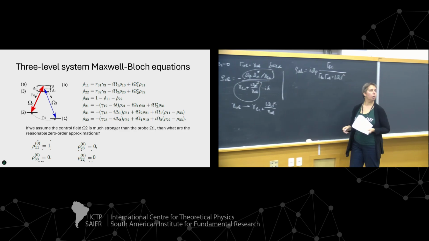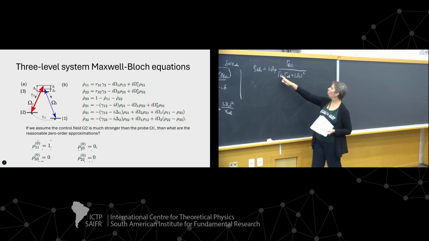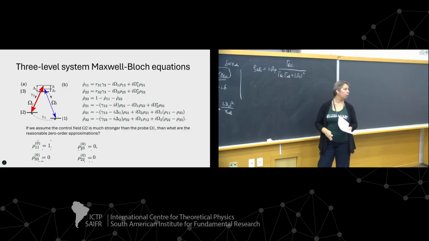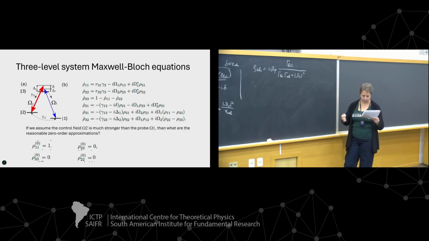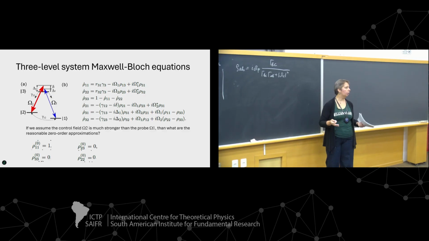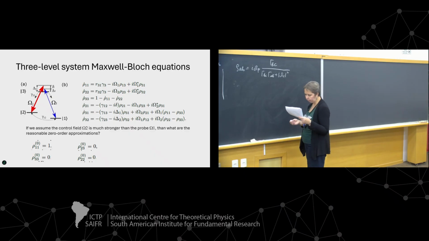Notice that because we make the approximation that the probe field is weak, this is a linear expression. We don't have any nonlinearity connected to the probe field. It's not necessarily the case; we can solve the system with a stronger probe, and things will be different.